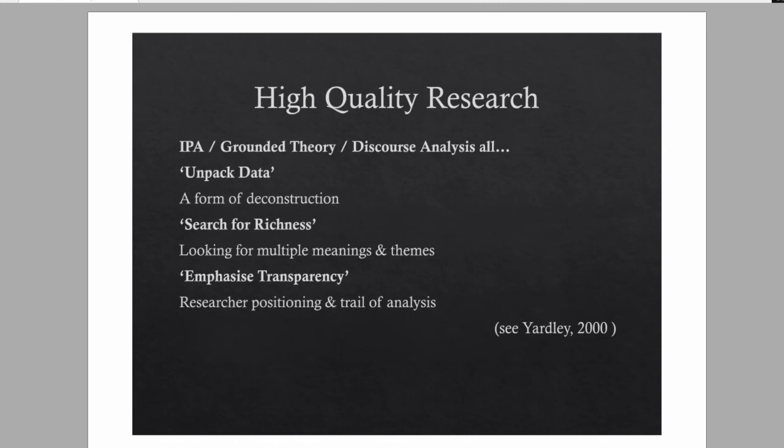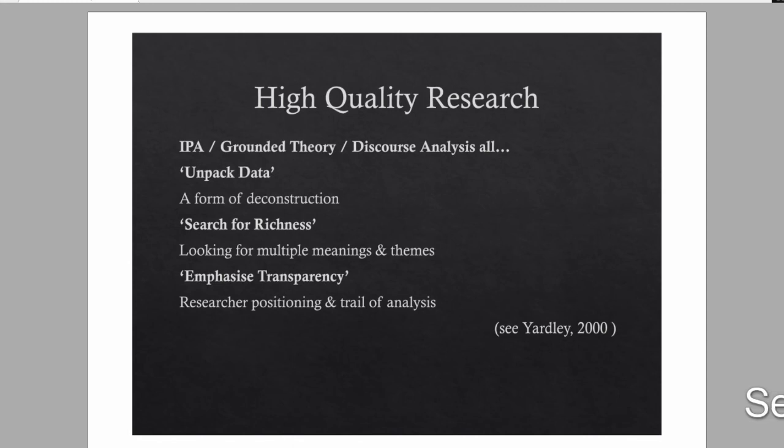Some high quality research can be done with things like interpretive phenomenological analysis, I think I said that right, grounded theory, and discourse analysis. Basically what they all do is unpack the data. They're unpacking those narratives in a deconstructed way, searching for richness within them, looking for multiple meanings and themes.